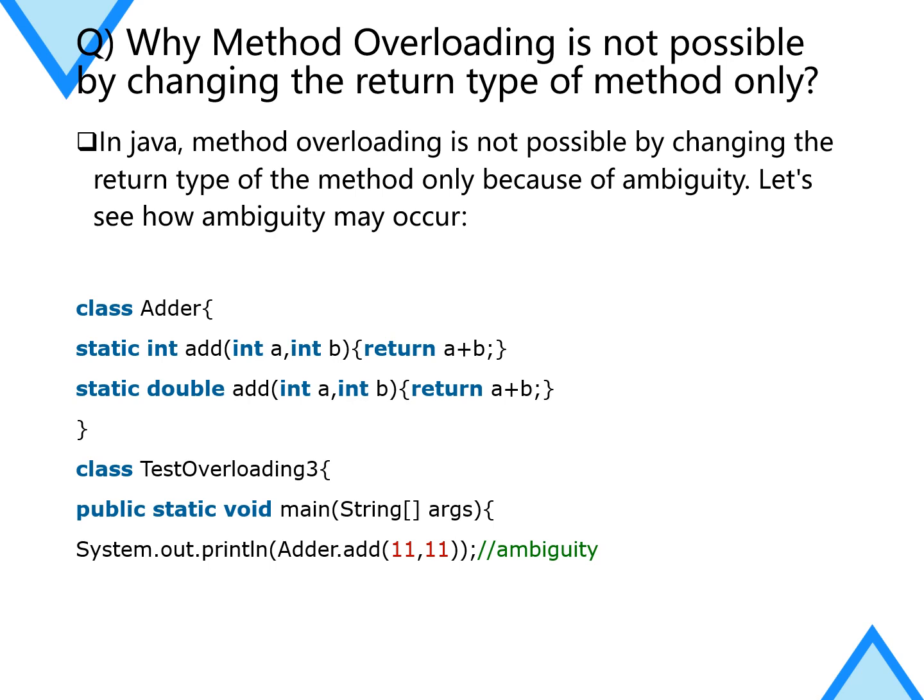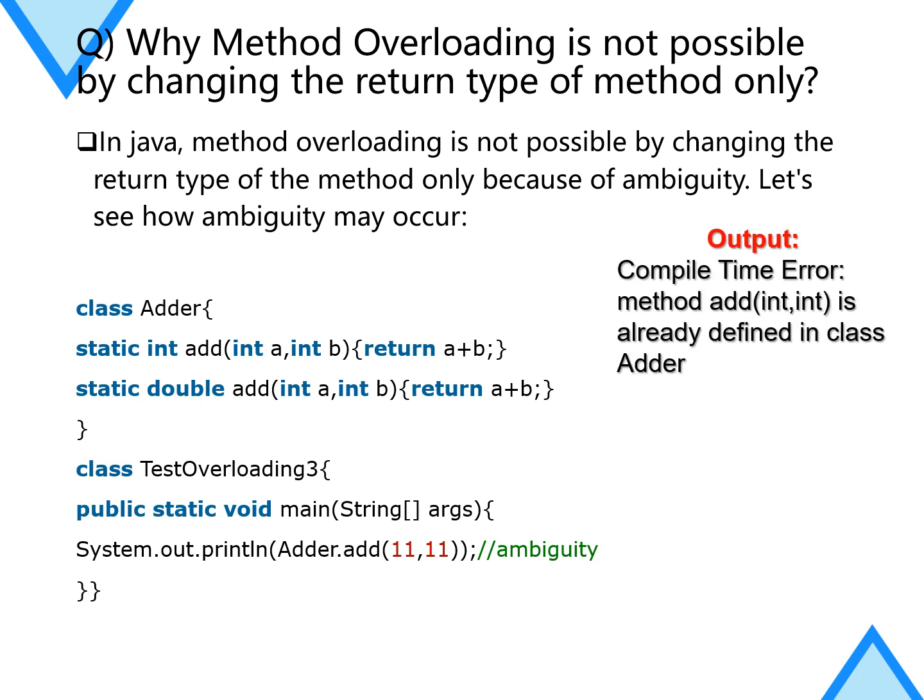Now the name is the same, and both the type and the number of arguments are the same, so the compiler becomes confused about which method to call. So it creates ambiguity, and the result is a compile-time error with the message that method add is already defined in class Adder.